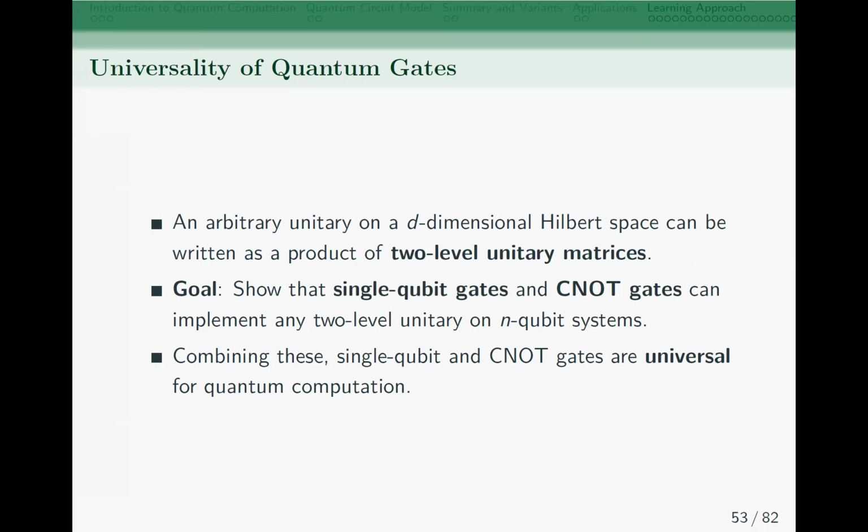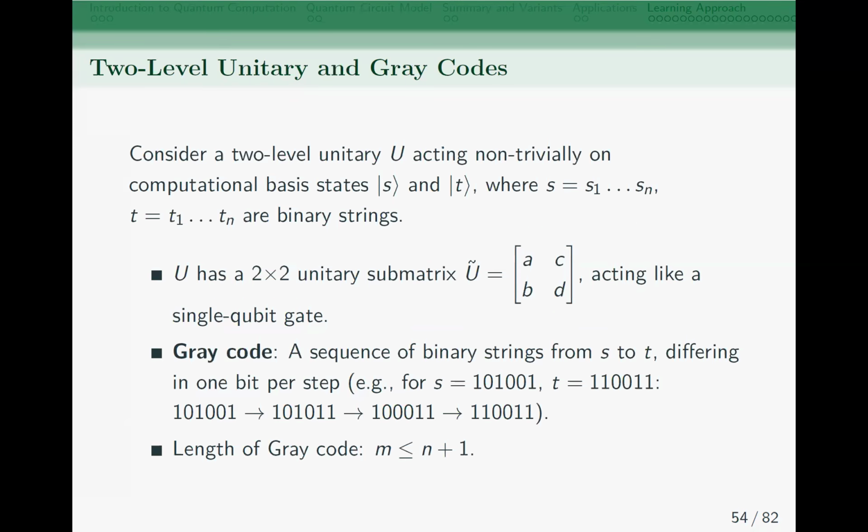So combining these, I can prove that single qubit gates and CNOTs are universal for quantum computation, once I show this two-level case can be solved. The mathematical proof is in the textbook; it's somewhat complicated. I will use one example, and once you understand the example, hopefully you believe the general proof.